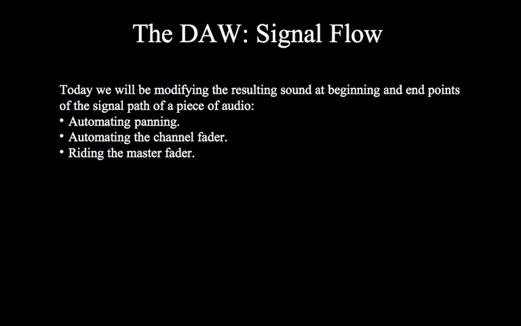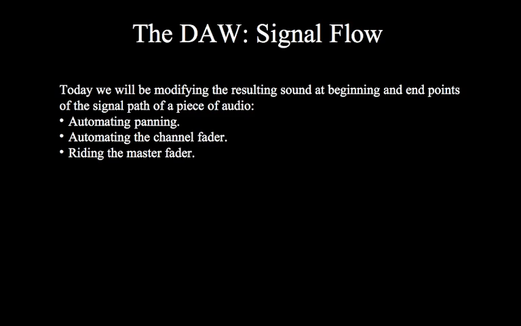What is important about today is this idea of a signal path of changes that are being performed on audio that you can't see represented in the waveform itself. That there is a signal flow, a sort of chain that the audio is following that is not represented on the screen of the digital audio workstation.